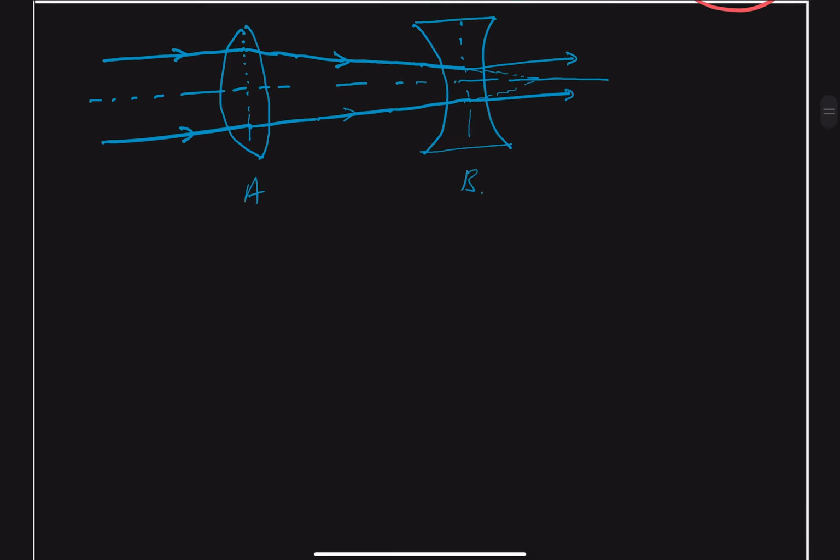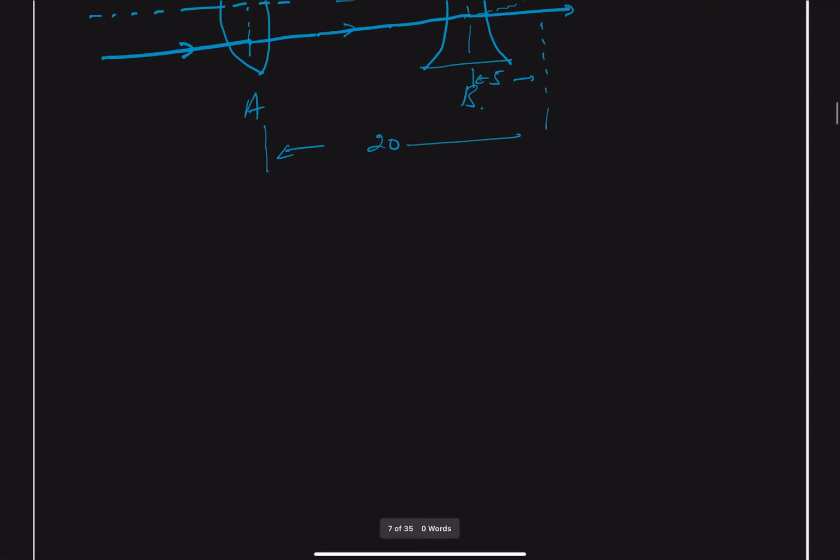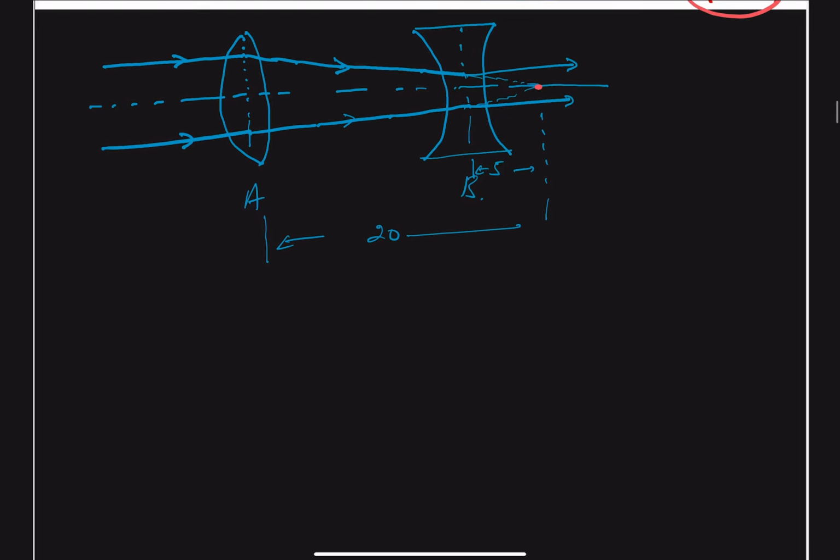So we are going to have a distance of 20 centimeter for A, and for B this will be 5 centimeter, because for B this virtual image is going to act as an object. And this is the basic diagram. So the parallel is the input and the parallel is the output. That is the main requirement.